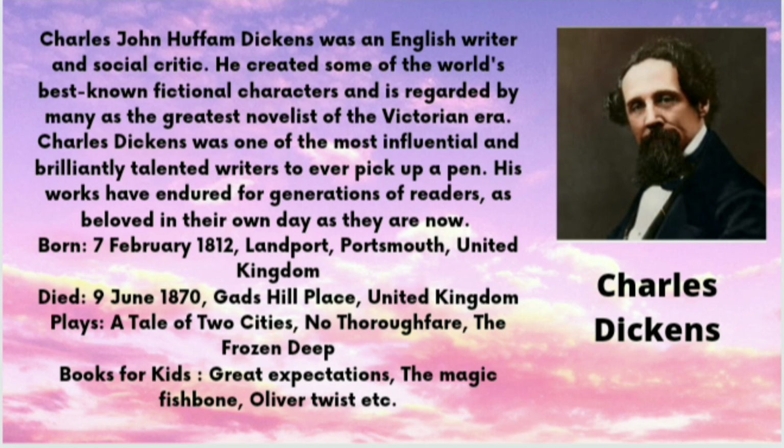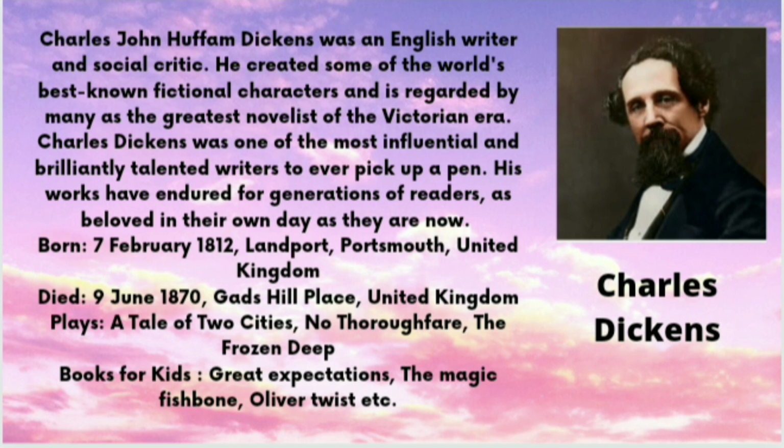Dickens was born on 7 Feb 1812, Landport, Portsmouth, United Kingdom, and died on 9 June 1870, Gads Hill Place, United Kingdom. His remarkable plays are A Tale of Two Cities, No Thoroughfare, The Frozen Deep.